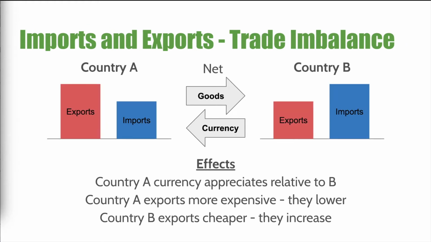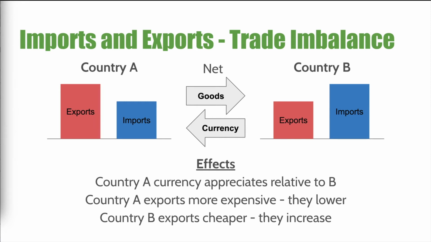So when you look at that from a country level, if you say you have country A and country B, if country A is exporting more to country B than they're importing from country B, you have a net flow of goods from country A to country B and a net flow of currency from country B to country A. The effects of that then, as you'll learn in any economics 101 course, is that the currency of country A appreciates relative to the currency of country B. Country A then has exports which are more expensive, so the exports decrease.